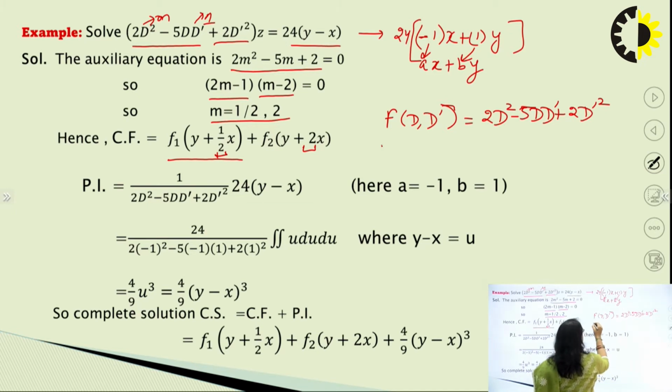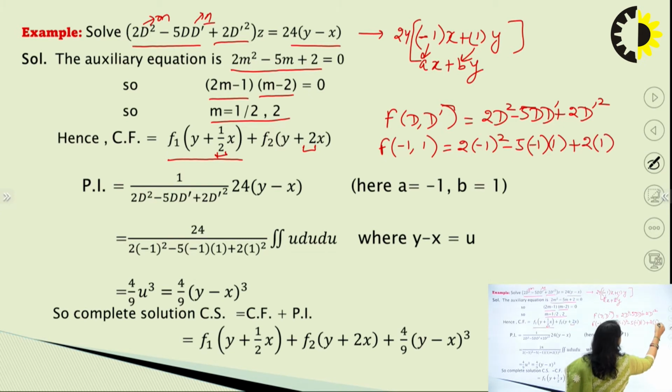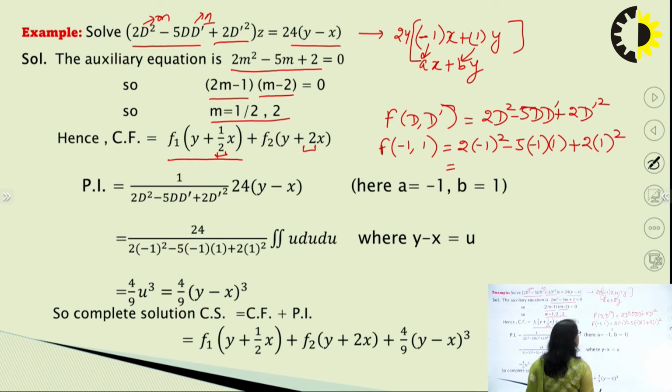So if I find f(a, b), that means f(minus 1, 1), I will have 2 into minus 1 squared minus 5 into minus 1 into 1 plus 2 into 1 squared, which turns out to be equal to 9. So f(minus 1, 1) is non-zero, obviously not equal to 0, hence we can apply the first case of PI.